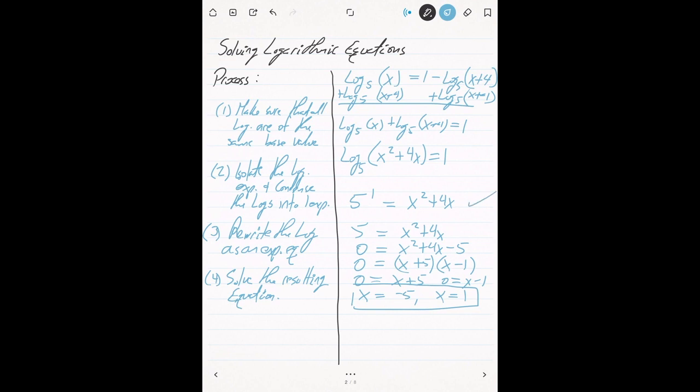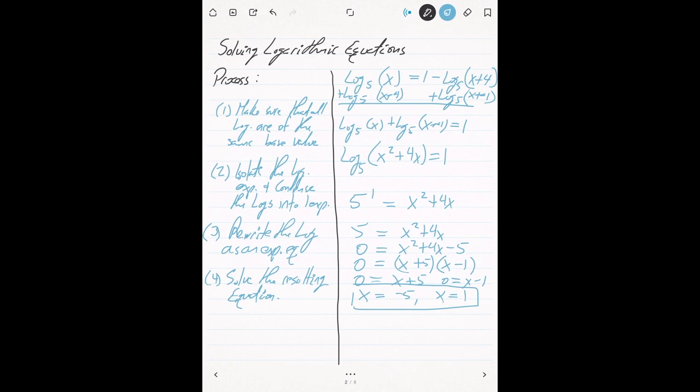Now, in this case, we ended up with a quadratic equation. That doesn't always happen. You might have ended up with a linear equation to solve, okay? But here we ended up with a quadratic. Now, what do you think about these answers, negative 5 and 1? Think back to the work that we did when we were solving rational equations and radical equations.